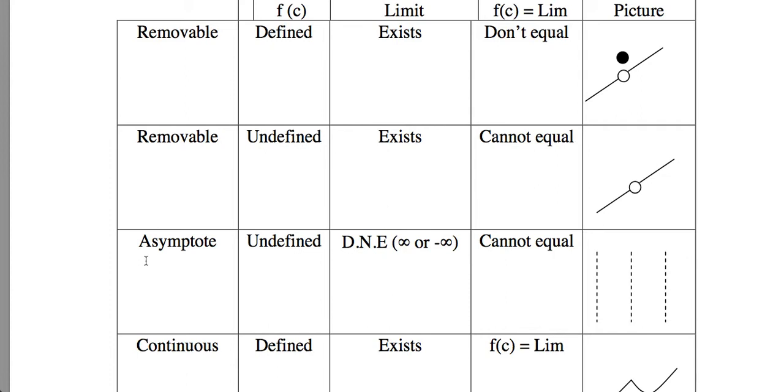So under asymptote, if you have this chart, write non-removable. That's undefined, came from the denominator, limit did not exist. However, if it was undefined and the limit did exist, they still cannot equal because it's undefined. Then we have one of these open dot scenarios, and that's a removable discontinuity.